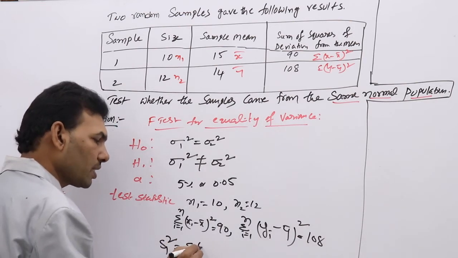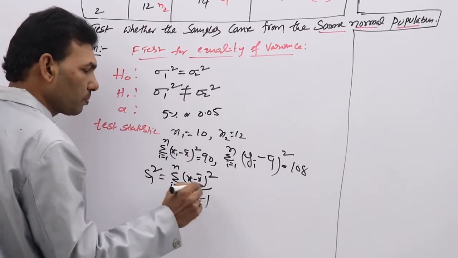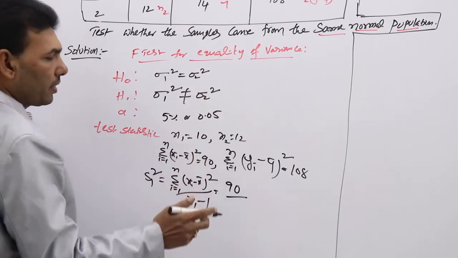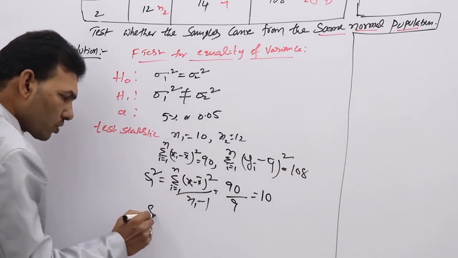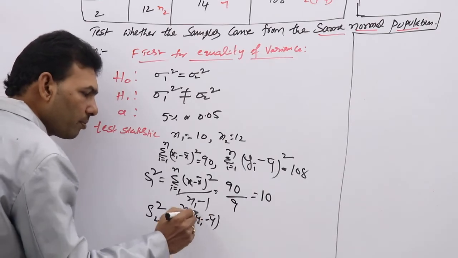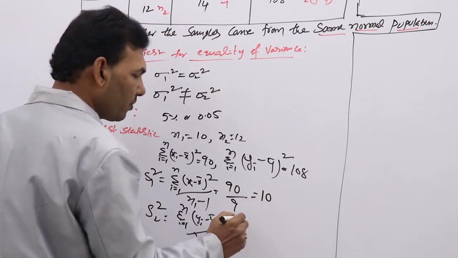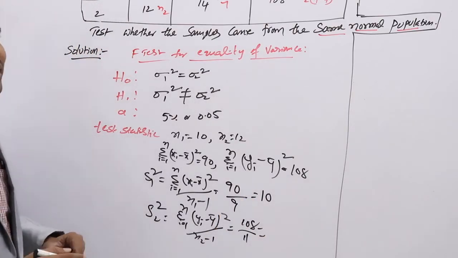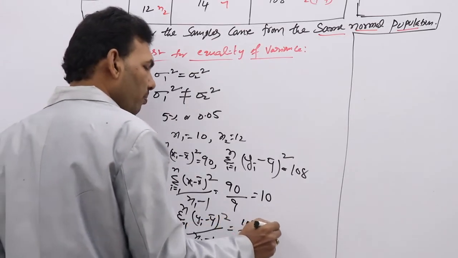S1 square is sigma (xi minus x bar) whole square by n1 minus 1, that is 90 by 9, which is 10. S2 square is sigma (yi minus y bar) whole square by n2 minus 1, that is 108 by 11. If you calculate, you will get S2 square as 9.52.